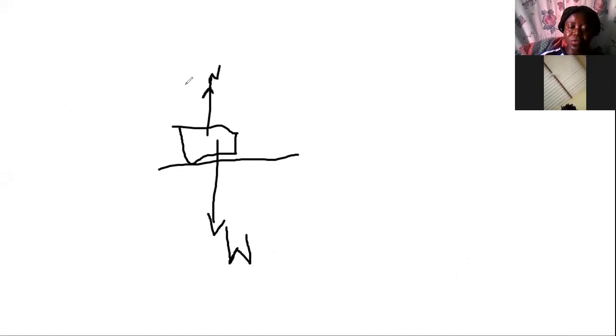Now if you push this box down with a force, we can take our positive y to be upward. If you push this box downward with that force, what will happen to the normal force?